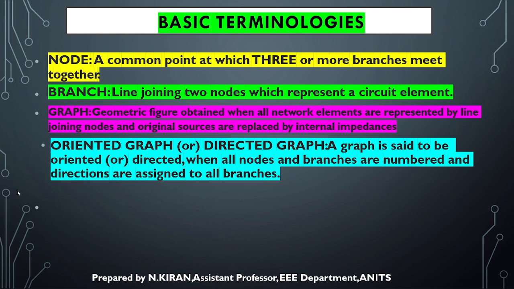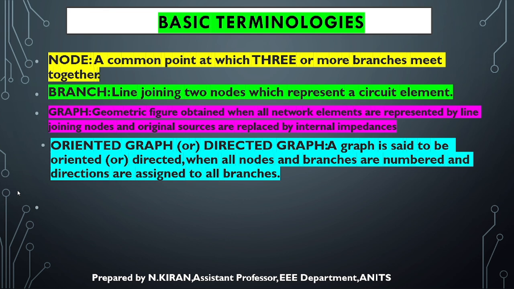Then oriented graph or directed graph. So as we have seen, what is a graph? Graph is nothing but a diagram or the figure we have obtained when we replace all elements by line segment. So in that graph, if every branch is assigned some particular direction and all the nodes are numbered, then we call it as an oriented graph.